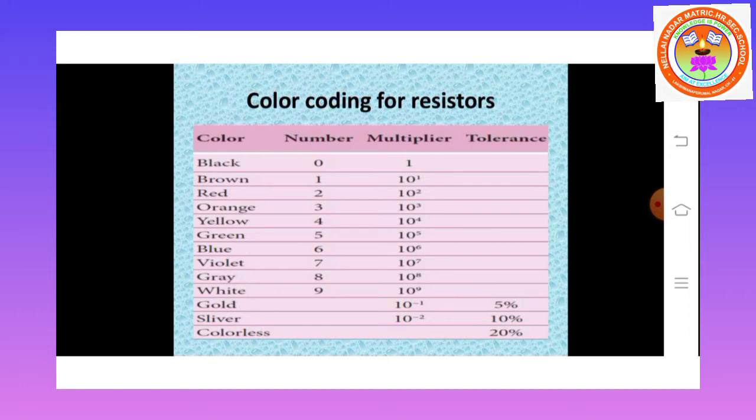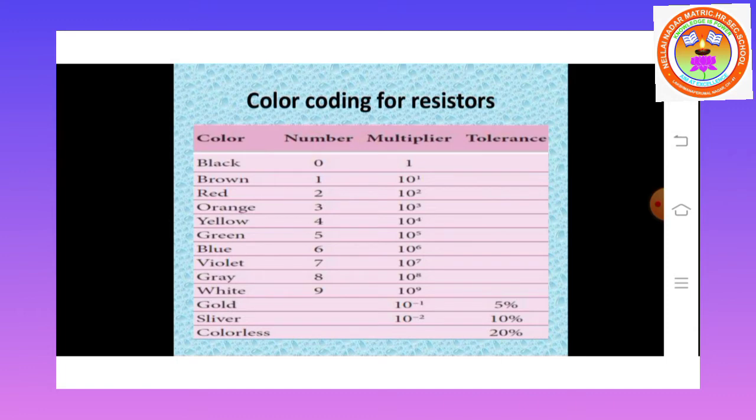The tolerance value is 5% for a gold color. Suppose it is indicated by silver, as a multiplier it has a value of 10 power minus 2. Here the tolerance of the resistor is 10%.